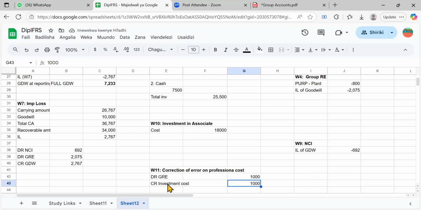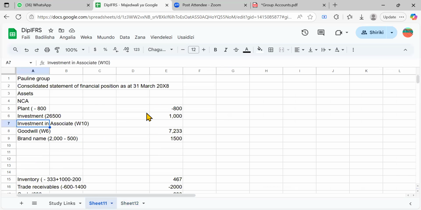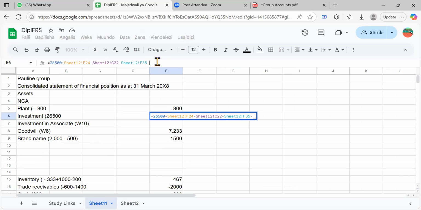So I'm going to reduce the investment cost by 1,000. We had the investment cost here, and we are going to reduce this by 1,000 to be zero.